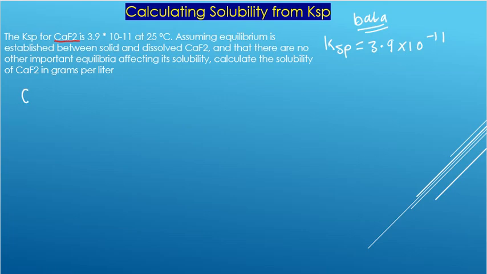So we have our calcium fluoride in solid state. If we dissociate it, we have calcium plus fluoride. And of course, write our 2 as the coefficient.